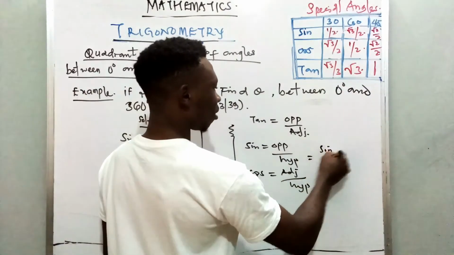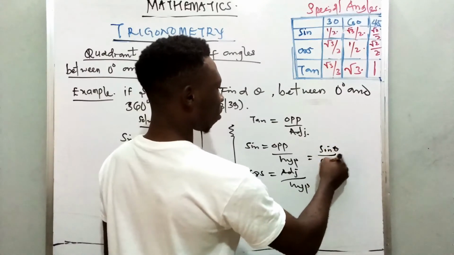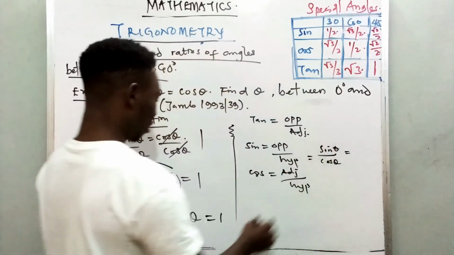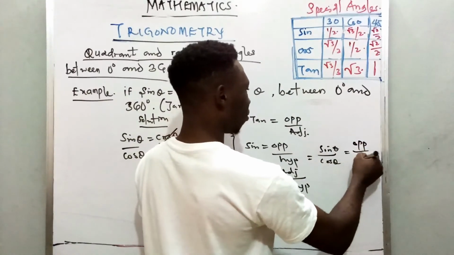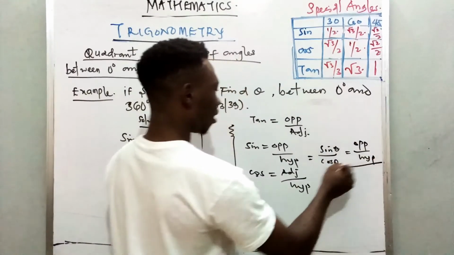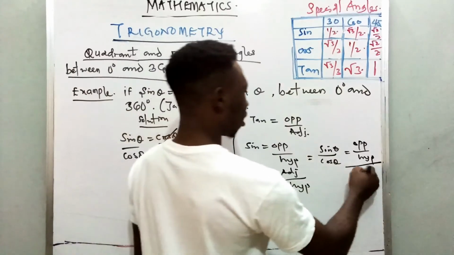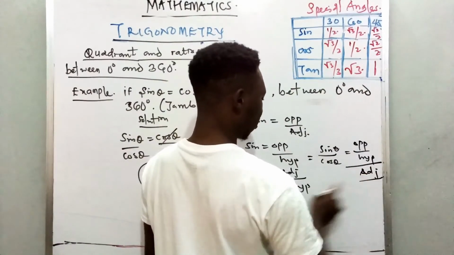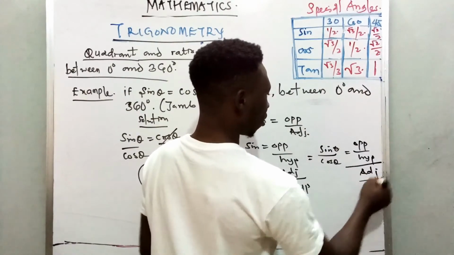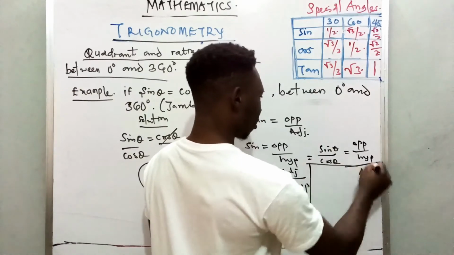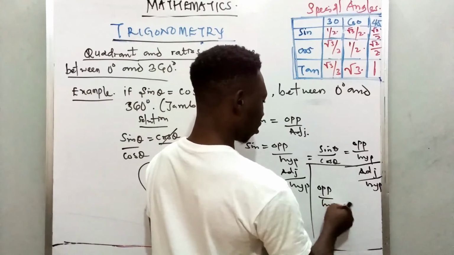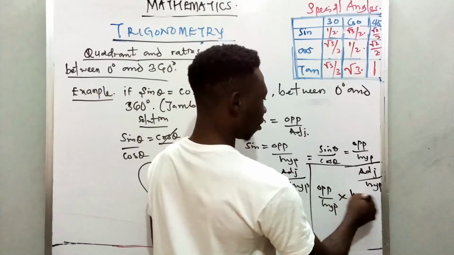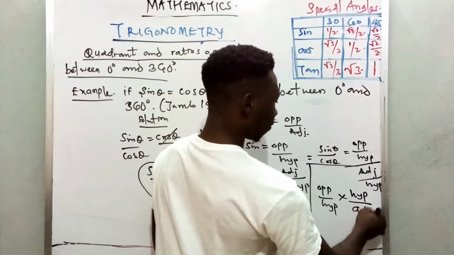So sine theta over cos theta. My sine theta is equal to opposite over hypotenuse, divided by my cos, which is adjacent over hypotenuse. So I can further say opposite over hypotenuse times hypotenuse over adjacent.